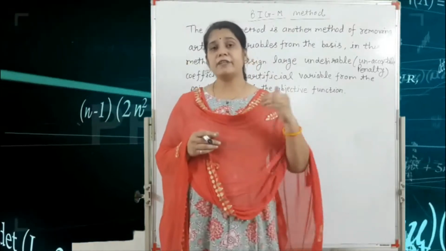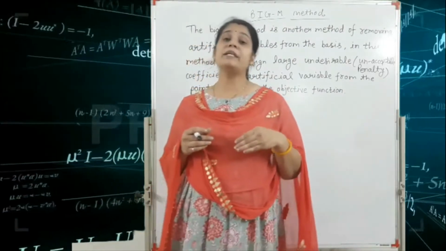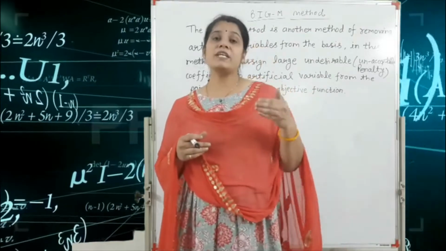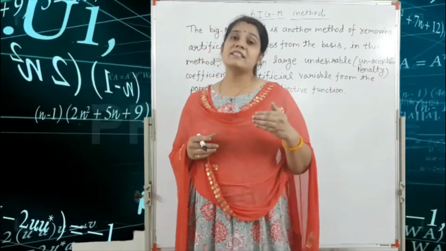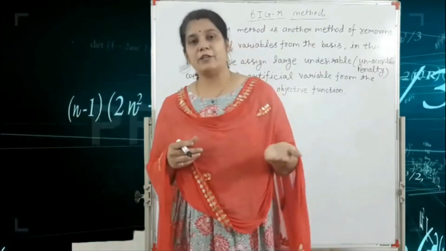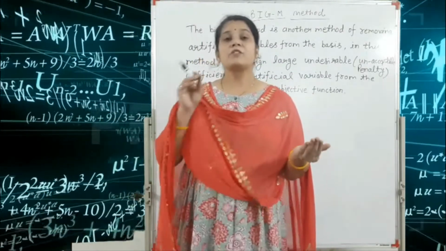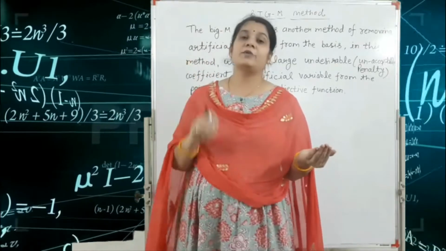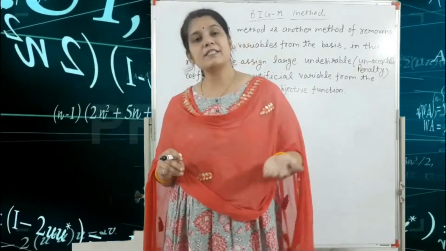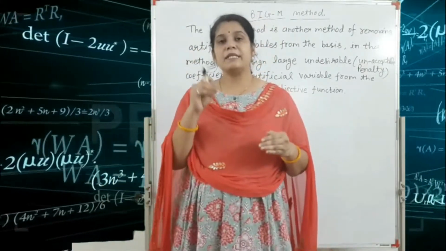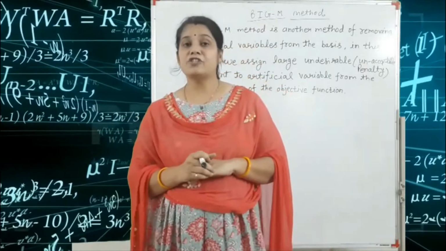And if your question is given in the minimization form, we assign the largest maximum value. That means if your question is given in maximization form, we use the minimum largest value, and if it is given in minimization form, a positive largest value is assigned, multiplied by the artificial variable.